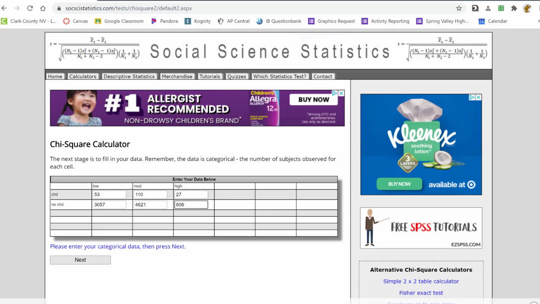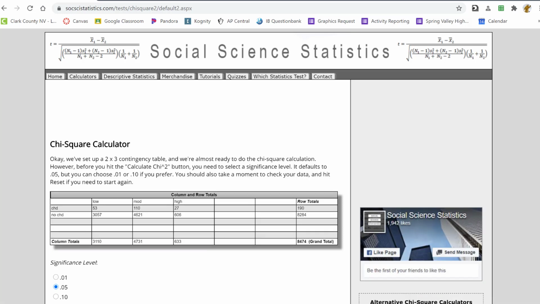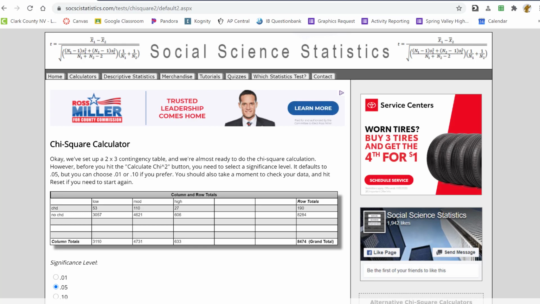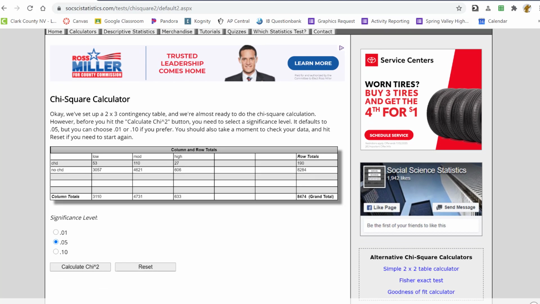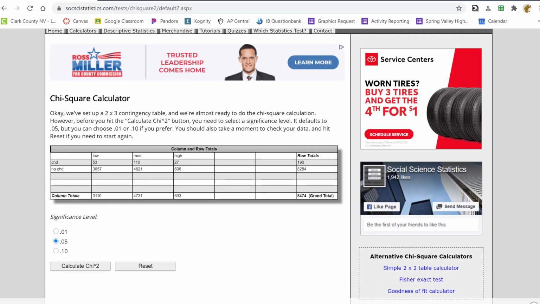We go ahead and click next, and it's going to ask you what's your significance level. And again, this alpha, this significance level that we see here, the lower this alpha is, the harder it is to refute the claim. And whenever we're dealing with stuff like this with medicine, we usually want a really, really small alpha. We want it to be hard because we want to be confident that what we are saying when we refute this claim is actually true, or very, very likely to be true.